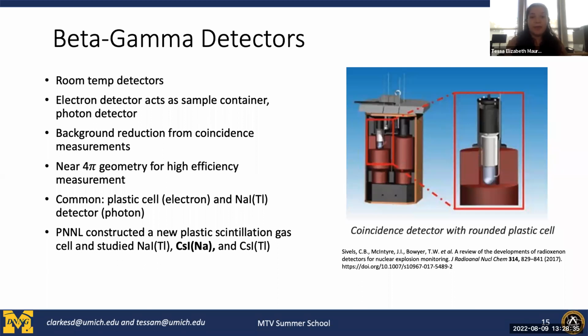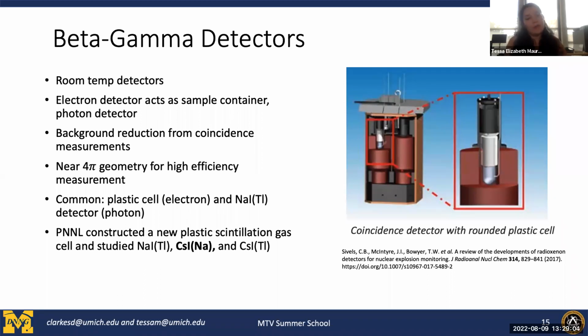So they operate at room temperature. So he mentioned the HPGe detectors, and a big con of those is that they require such extensive and continuous cooling. These don't. You can operate them at room temperature, which makes them ideal for field use. And so how these work is that there's a beta or electron cell, and then a photon detector or gamma cell. And they work in coincidence with each other.